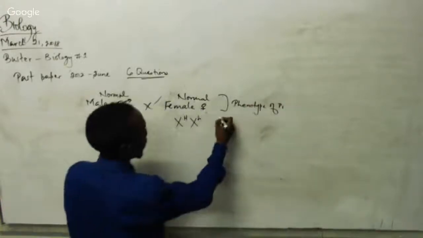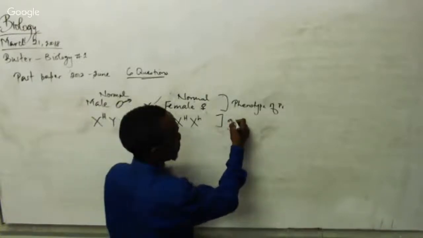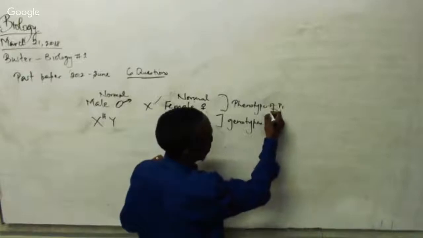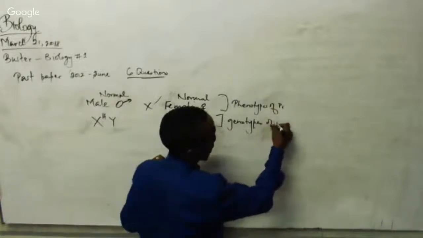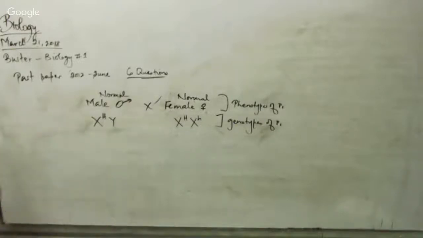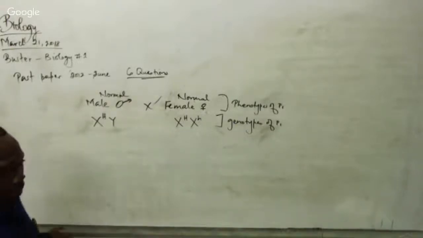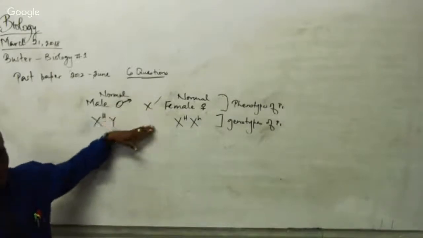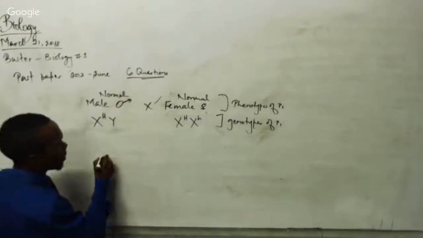Good. And then these are obviously the genotypes of P1. I'm going to use your style now, sir. So after you do this, you have to start like this. Then you do your Punnett square.